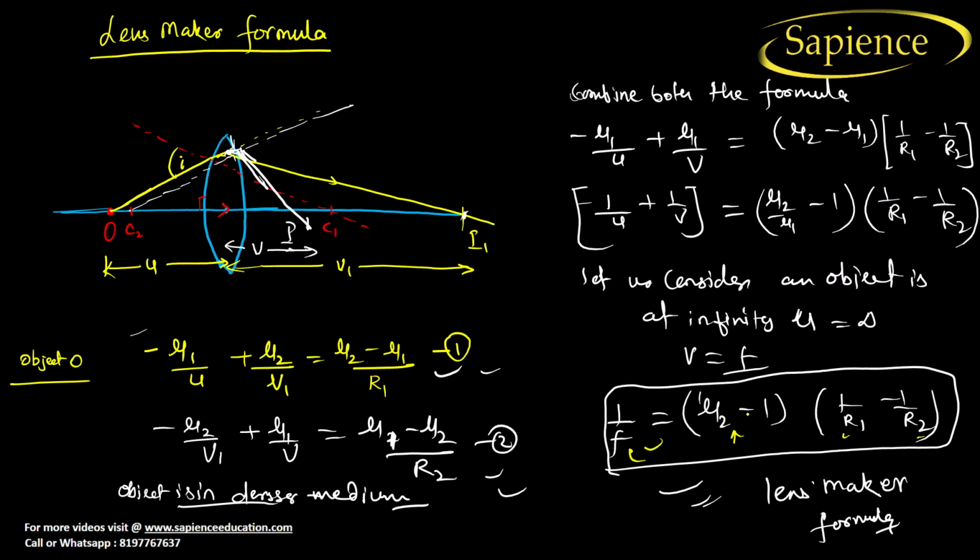In your manufacturing process, you have to use a certain material with a particular refractive index so that you can get the desired focal length. As per the focal length, it is decided how much radius of curvature and how much refractive index we have to use. I hope you have understood this lens maker formula.